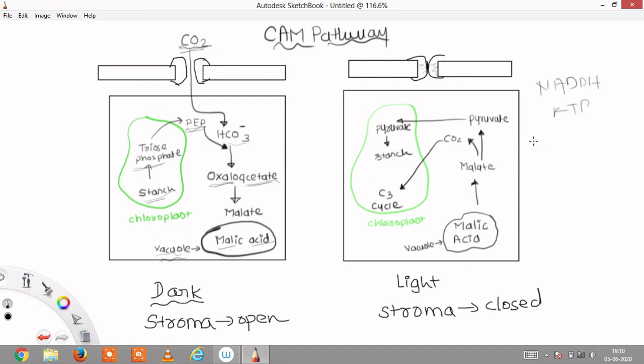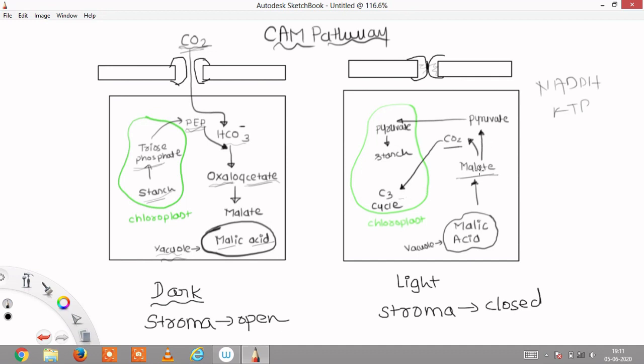And that is the reason why the malic acid stored in the vacuole is converted into malate, and this malate gives you carbon dioxide to enter the Calvin cycle, that is the C3 cycle.